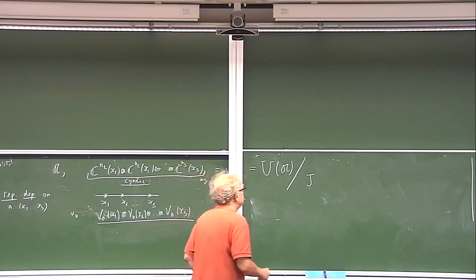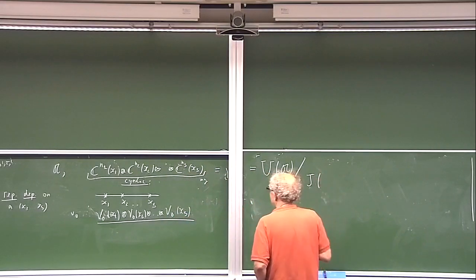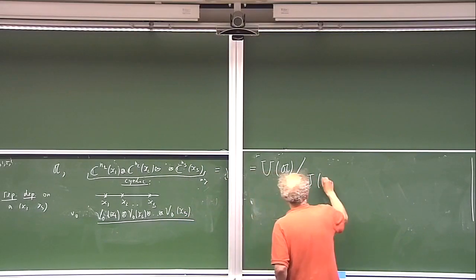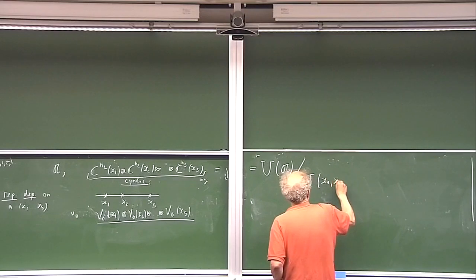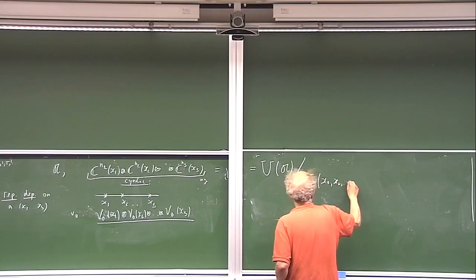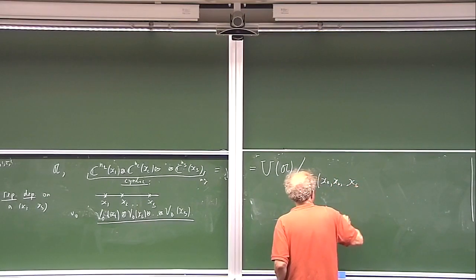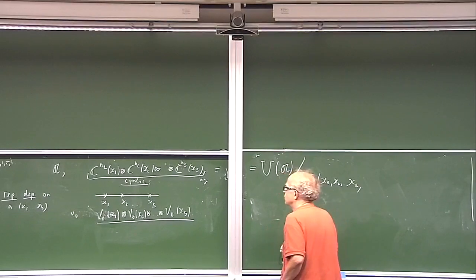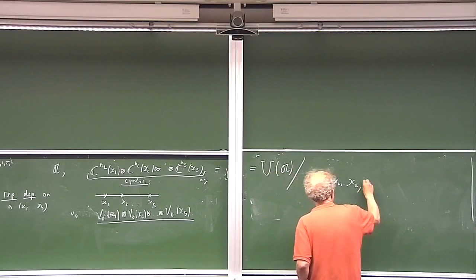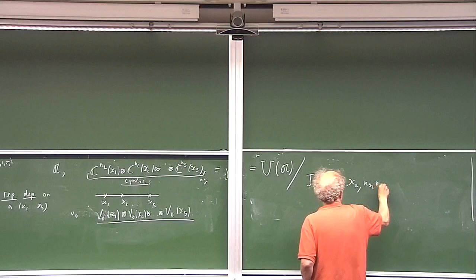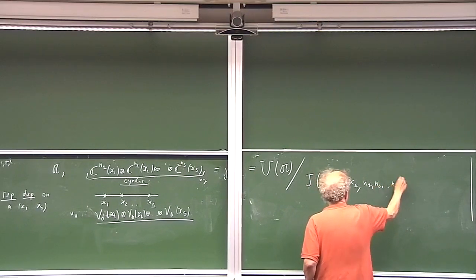And surely this ideal depends on x1, x2, and so on, xs. And surely, in the choice of representation, it depends on n1, n2, and so on, ns.